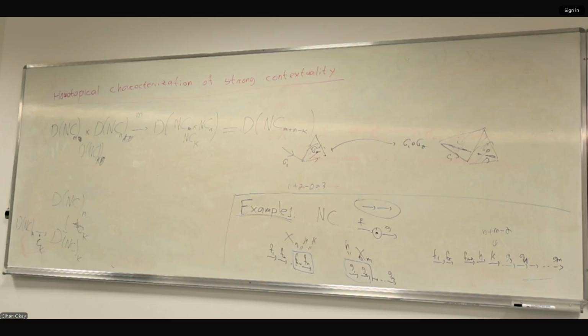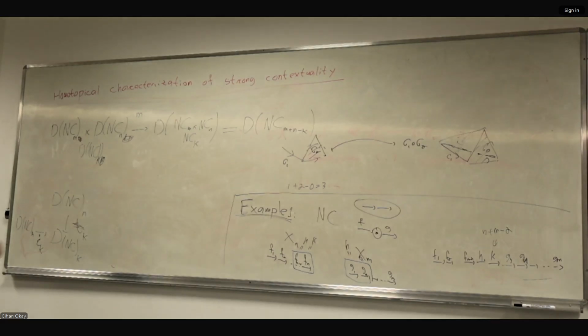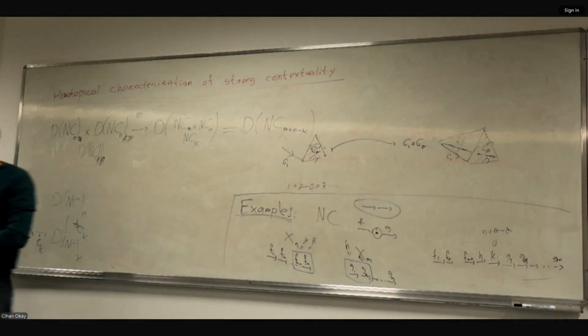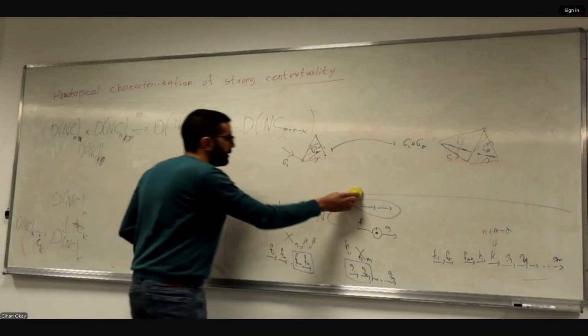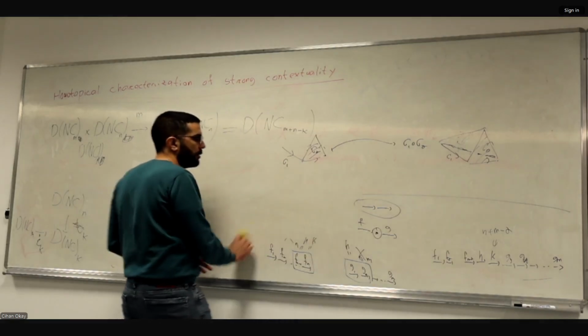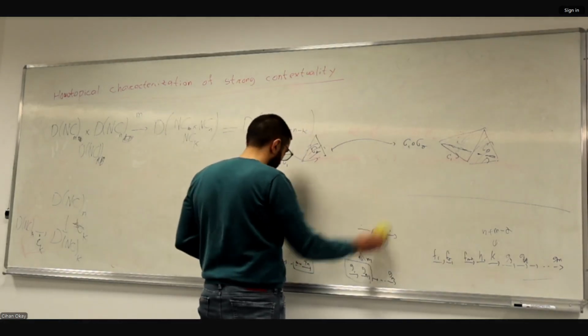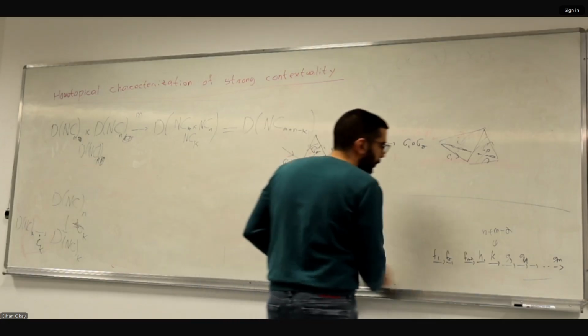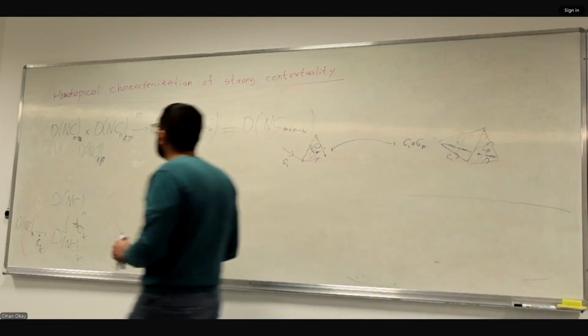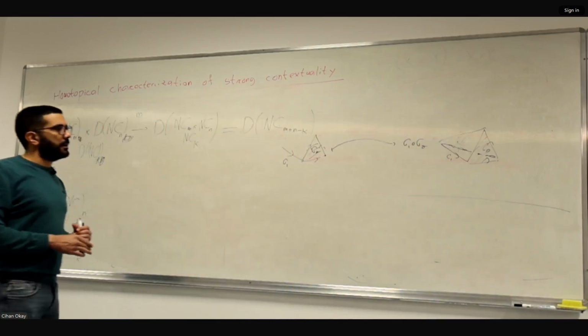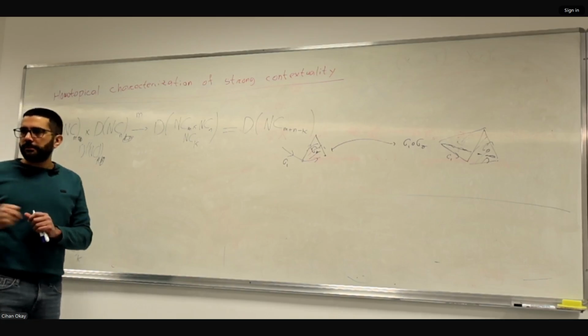And this composition has some good properties. We will talk about this when we talk about bundle scenarios. But let me tell you one of these properties for this gluing, which gives you the associativity.